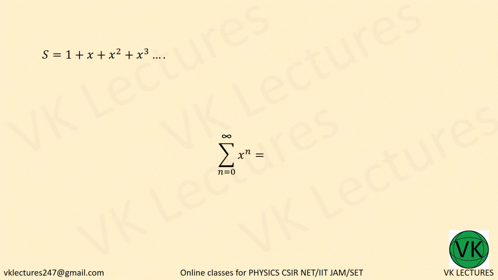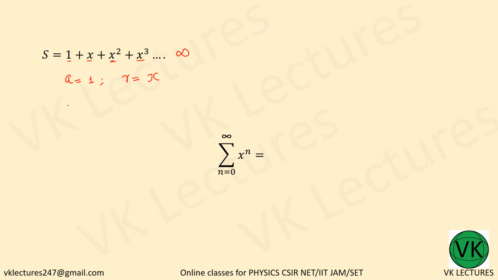Now here we have one problem: 1 plus x square plus x cube, extending up to infinity. Now what is the first term? a is equal to 1, and what is the common ratio? Common ratio r is equal to x.